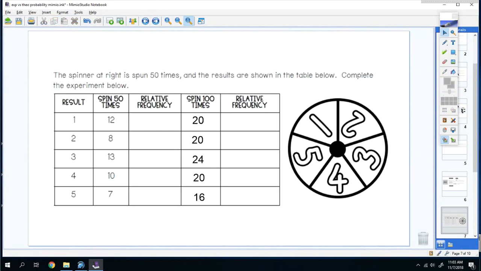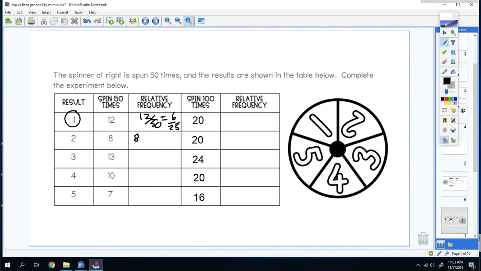So let's try it. The spinner is spun 50 times, and the results are shown in the table below. Complete the experiment. So it was spun 50 times, and the number 1 appeared 12 out of those 50 times. So it'd be 12 out of 50, which is 6/25.